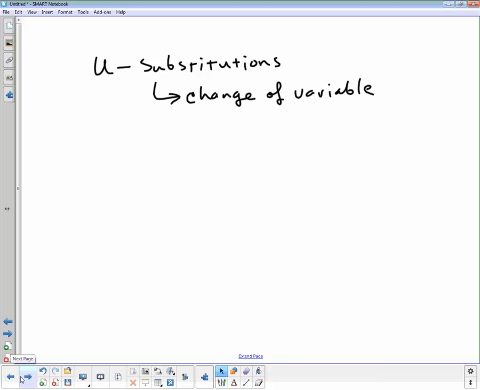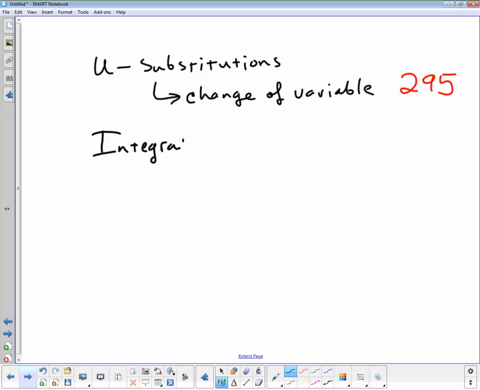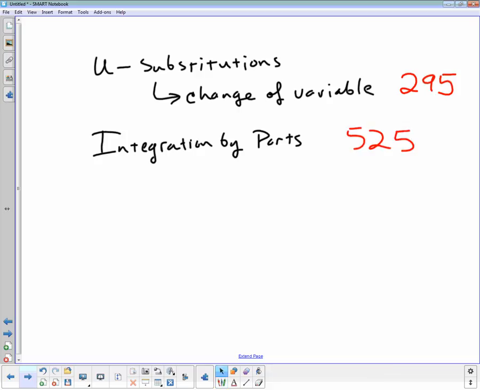That's starting on page 295. Integration by parts starts on page 525. And we'll be doing both the infinite and the finite case, or at least be prepared for both.